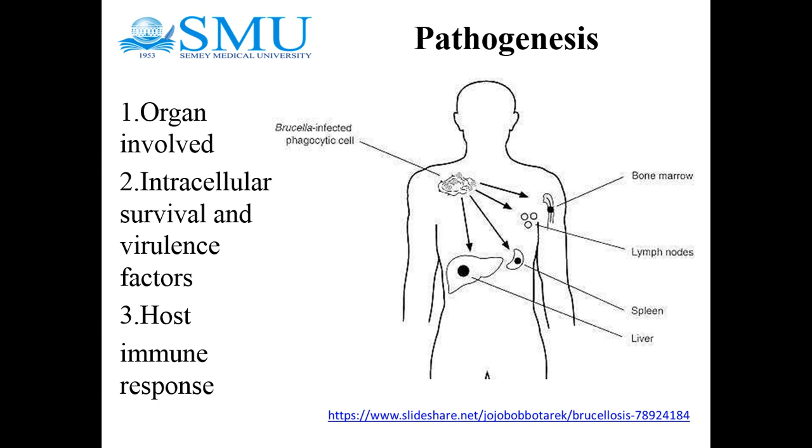They also have a special predilection for the placenta, as their growth is enhanced in the presence of erythritol present in the placenta. Musculoskeletal tissue and the genitourinary system are also frequently targeted.